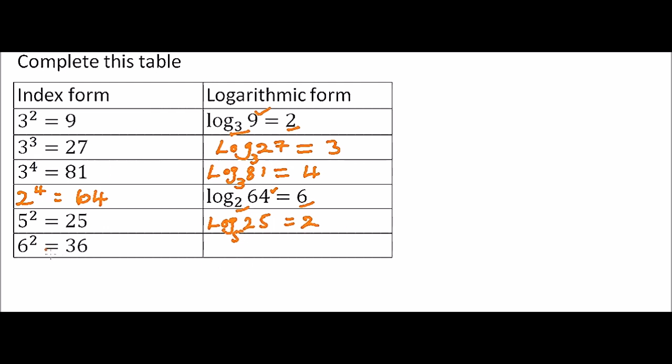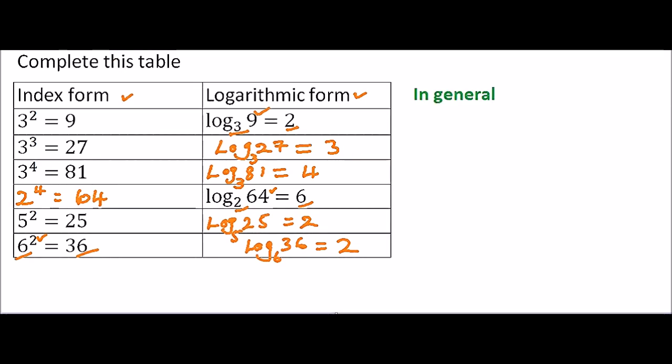And finally, the logarithm of 36 to base 6 is 2. So we write logarithm of 36 to base 6 is equal to 2. So that is how we convert from index form to logarithmic form and from logarithmic form to index form. So I hope you have followed how we have done that, because we are going to do more on that.